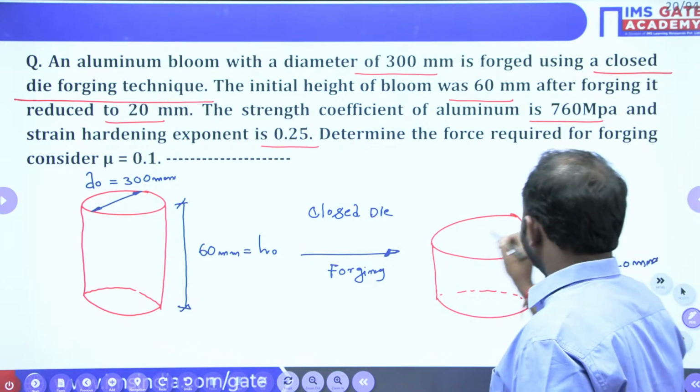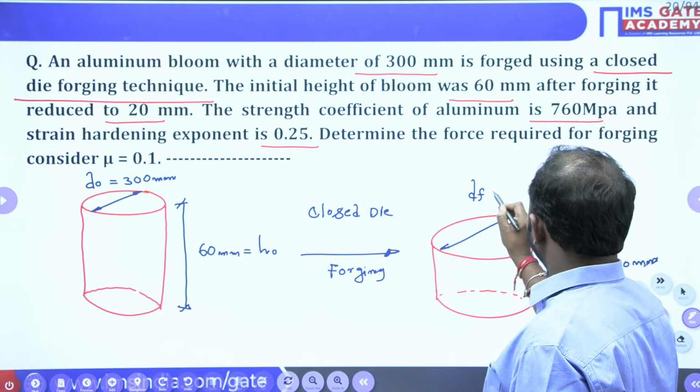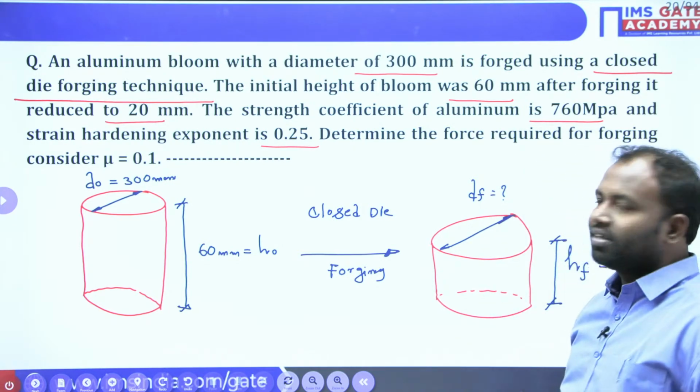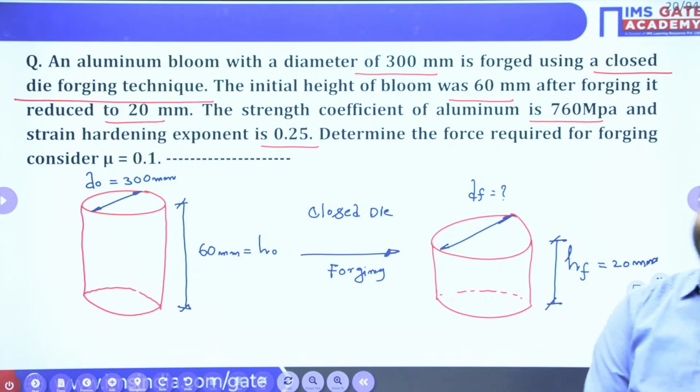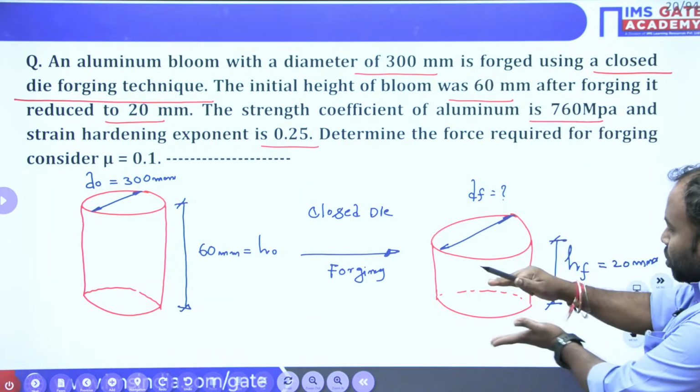Now we don't know the final diameter DF. Yes, guys, this is what is happening in the closed die forging operation. The initial height is reduced to a height of 20 mm.